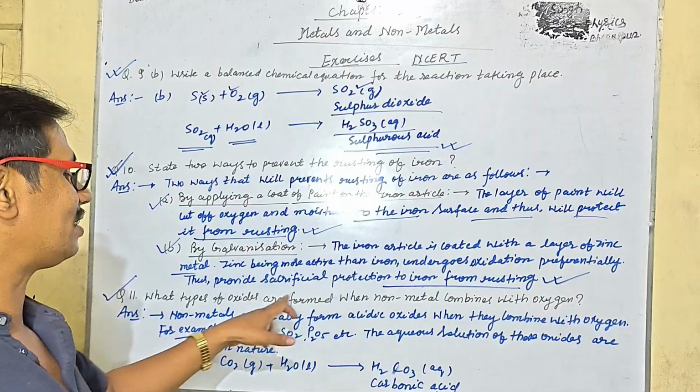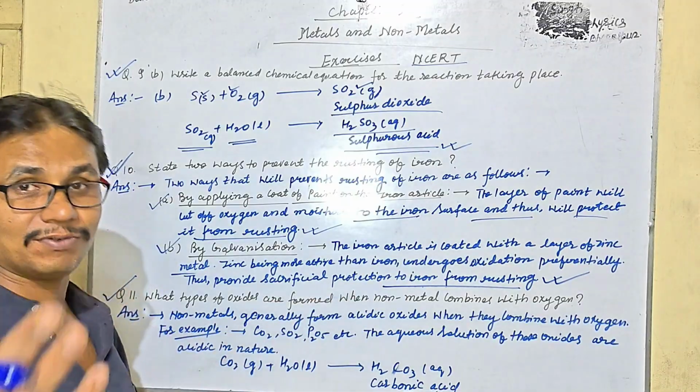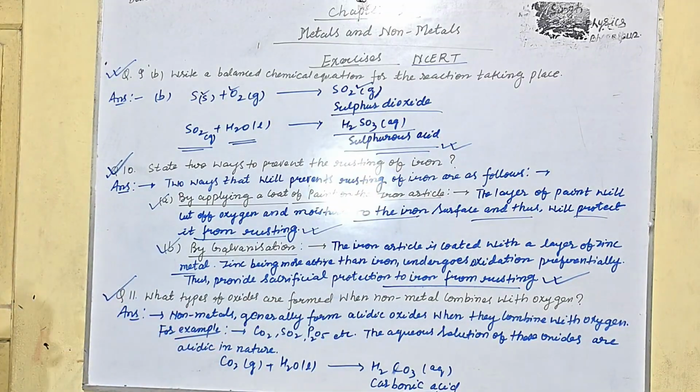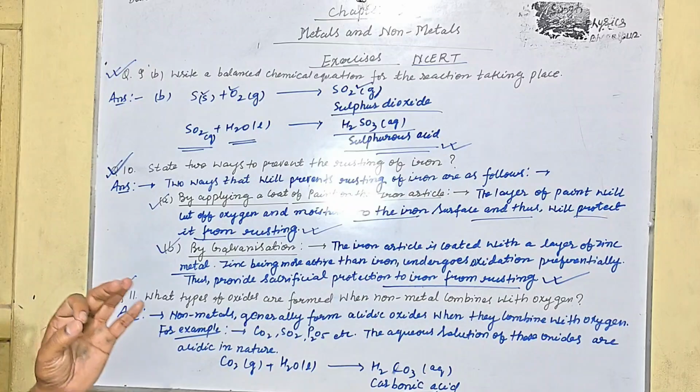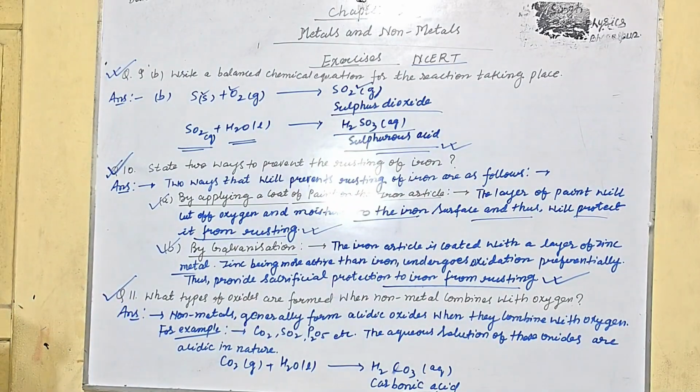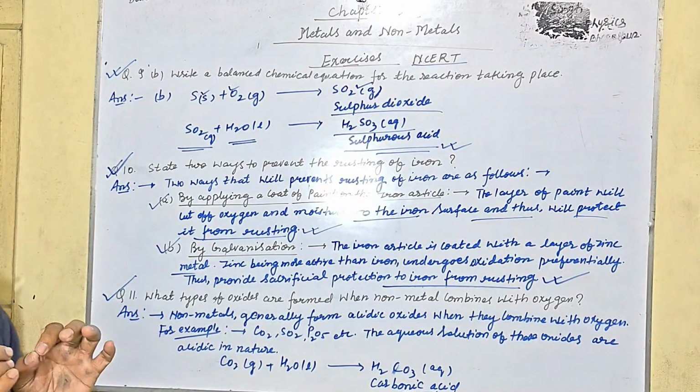What types of oxide are formed when non-metals combine with oxygen?